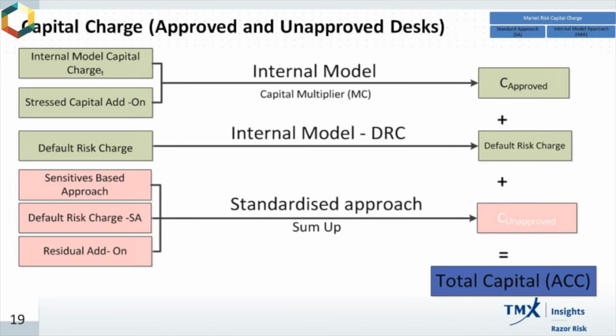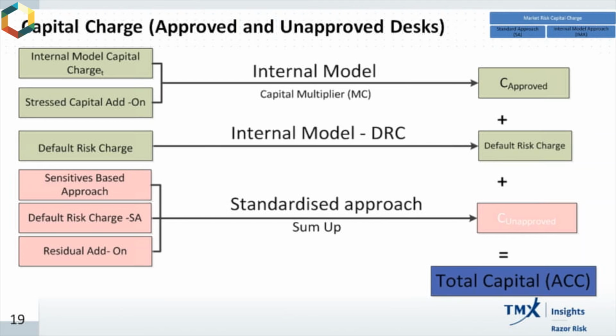FRTB's backtesting is done at 2 levels. Desk level is to determine whether this desk is eligible for IMA, while bank level backtesting is to determine the total IMA desk multiplier, ranging from 1.5 to 2, depending on the number of outliers.